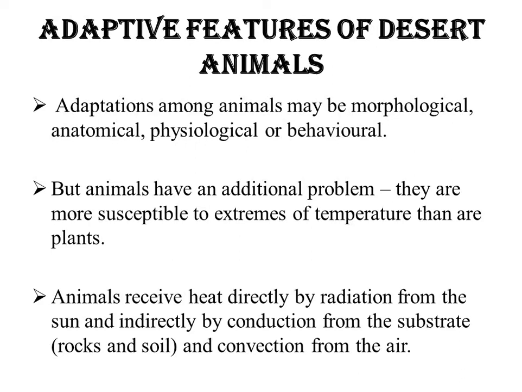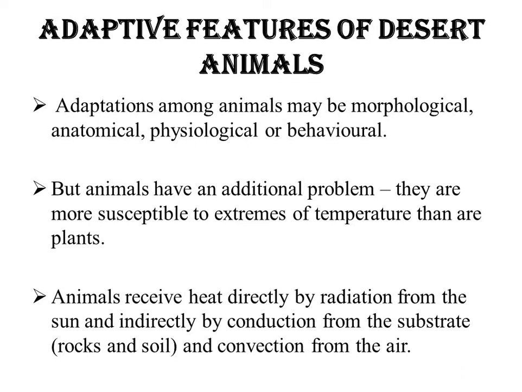Morphological means the adaptations in which we can observe a change in the external appearance of the animal. In the anatomical adaptation, we can study the internal structure, how that differs so as to adapt the animal to the desert environment.